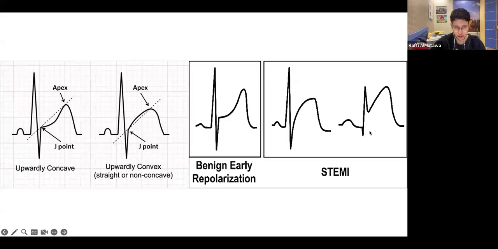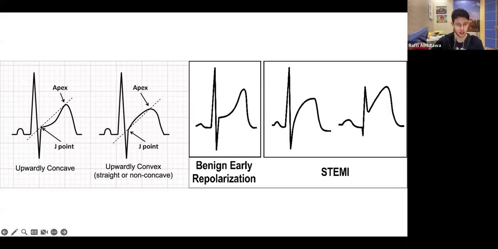Over here, don't rely on this too much, but this is just showing you the difference between STEMI and non-MI ST elevation. So, ST elevations related to heart attacks and ST elevations that aren't.